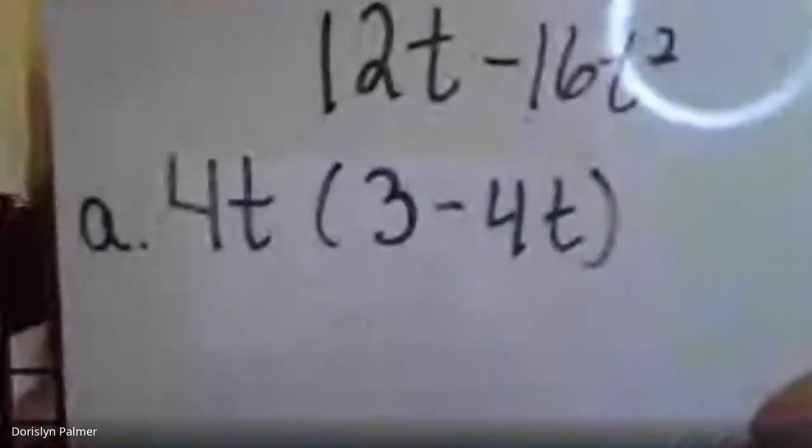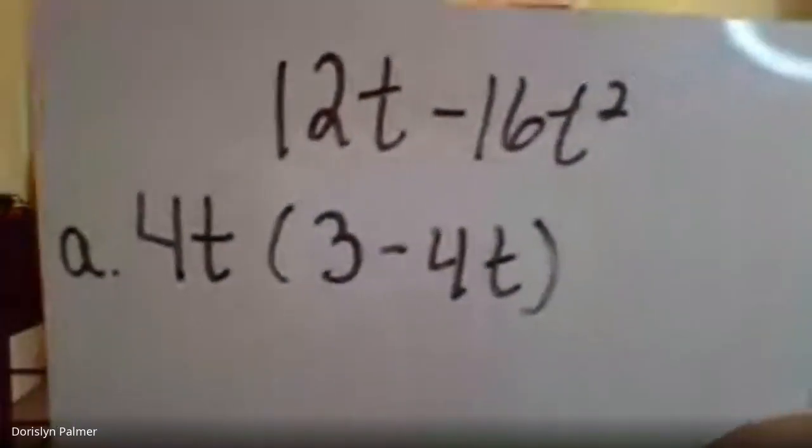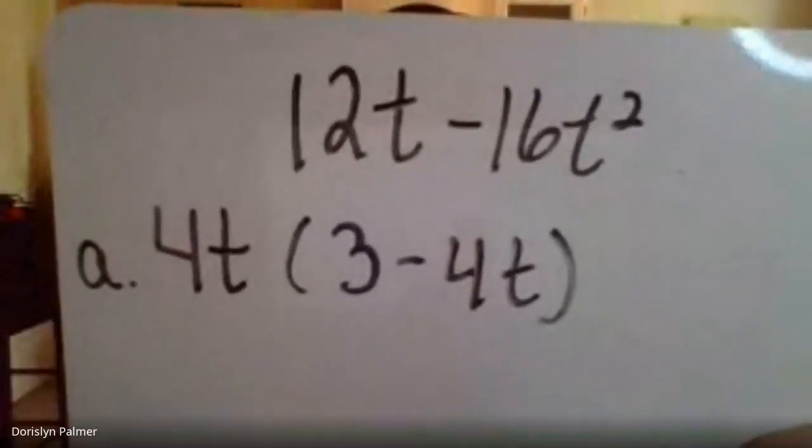How did you factor that, Abby? I did 4t times the quantity of 3 minus 4t. That's it. All right, I'm going to hold that up so everyone can see, right? 4t times the quantity 3 minus 4t.